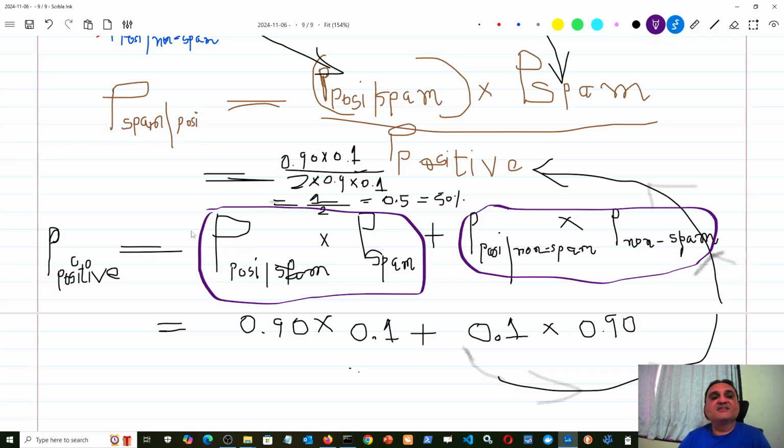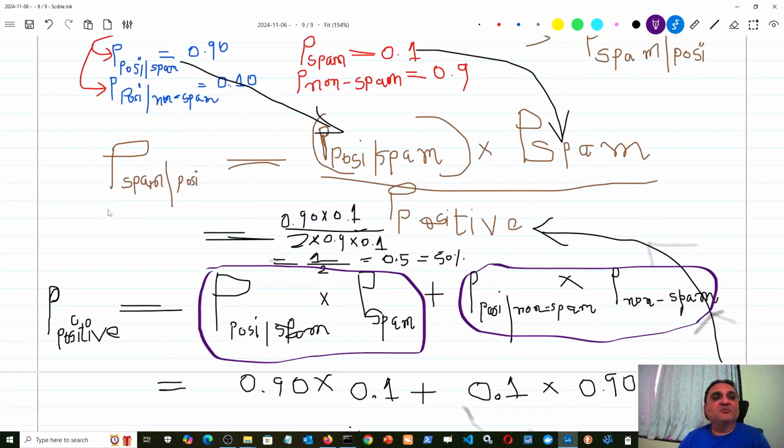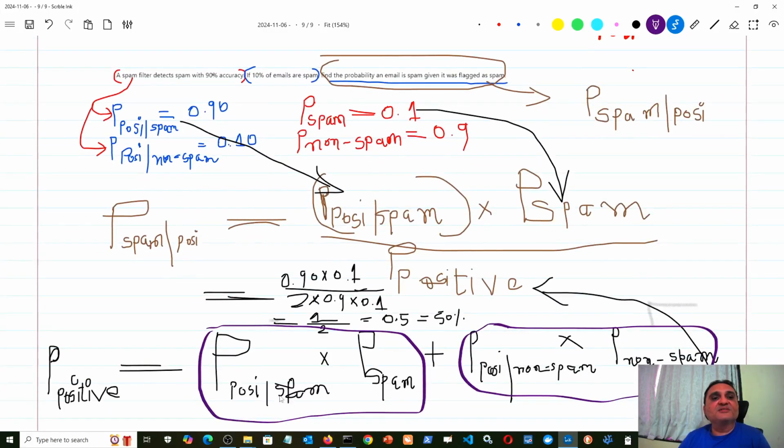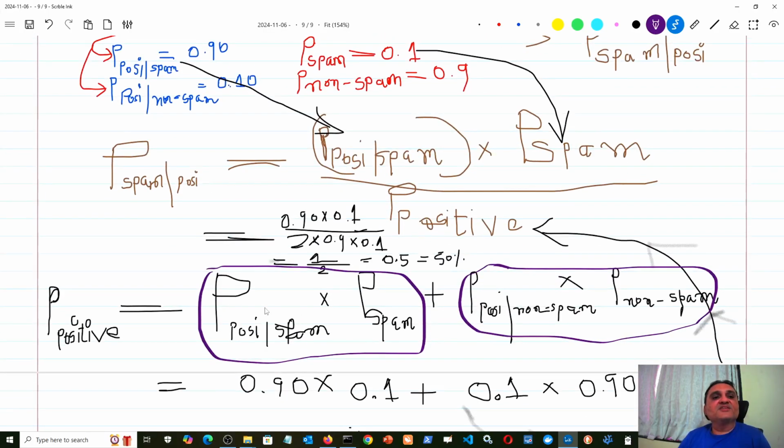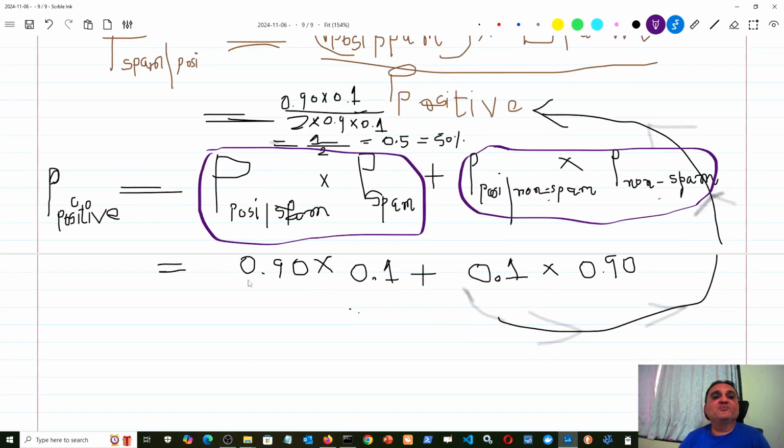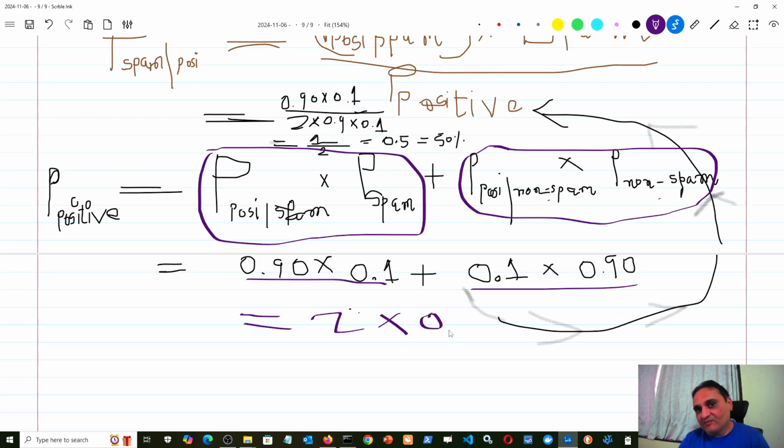So then in that case, all four terms are given to me, so I can easily find P(positive). So P(positive) would be equal to this is 0.9 multiplied by P(spam), simple probability, that is 0.1, then plus P(positive | non-spam) multiplied by P(non-spam), that is again 0.9. So it is actually 0.9 multiplied by 0.1 plus 0.1 multiplied by 0.9, or that is 2 times 0.9 multiplied by 0.1, correct?